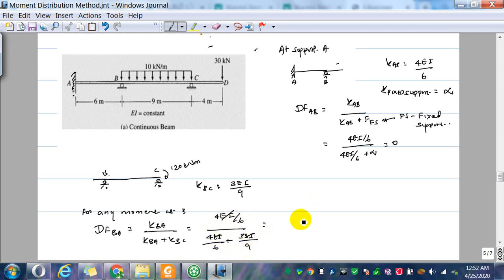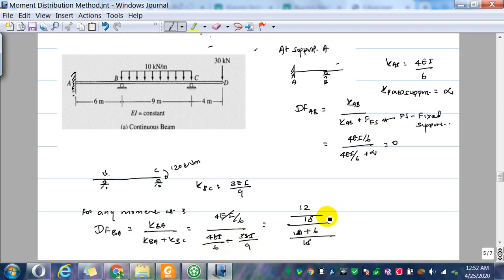If you take 18 as a common base: 6 into 3, 18, 3 into 4, 12, 9 into 2, 18, 6.